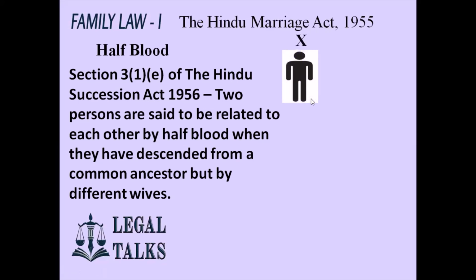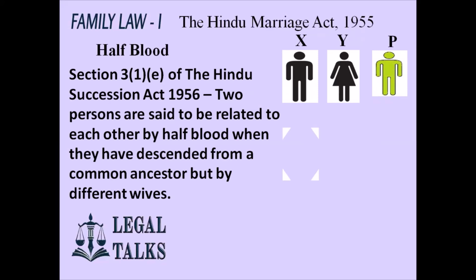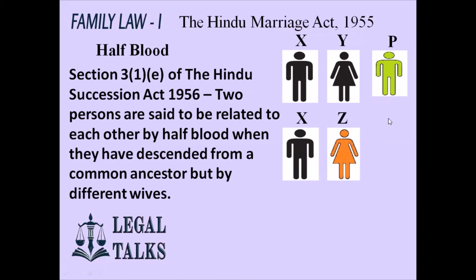For example, Mr. X married Miss Y. After the marriage of X and Y, they were blessed with a male child, P. Later on, X had to marry Z. The reason for a second marriage may be that perhaps Y has passed away or Y has taken divorce.